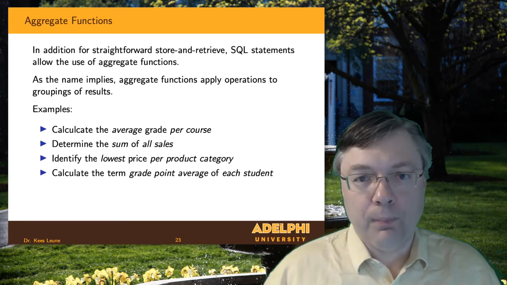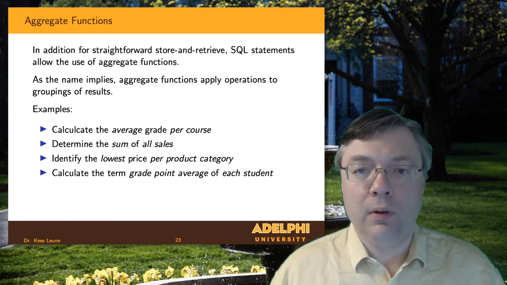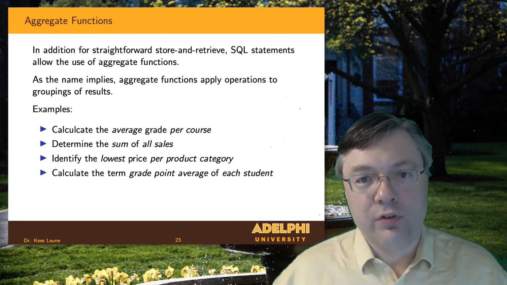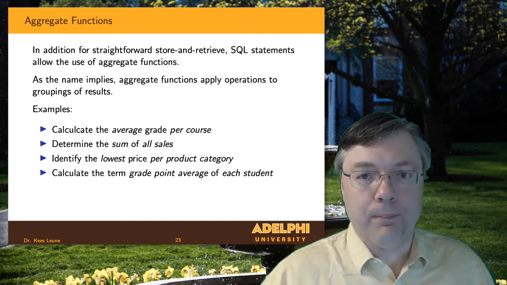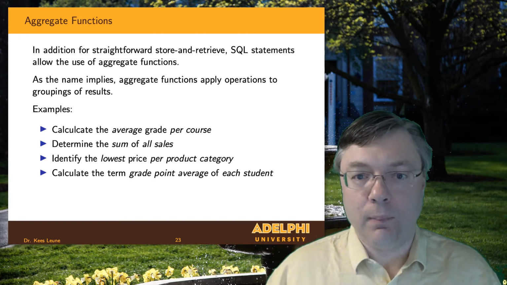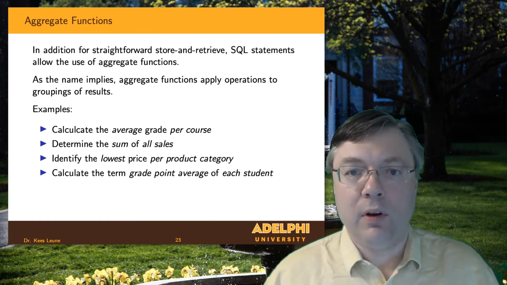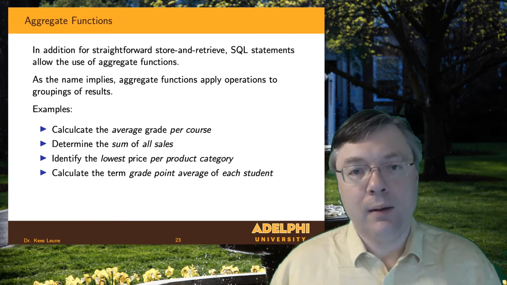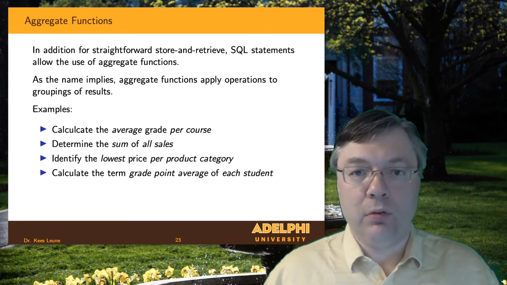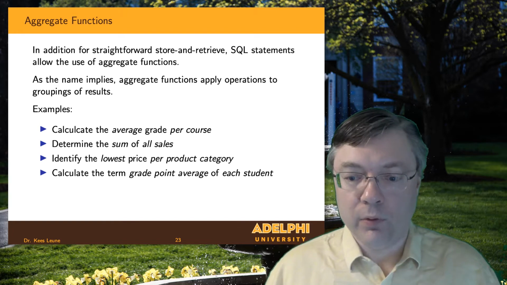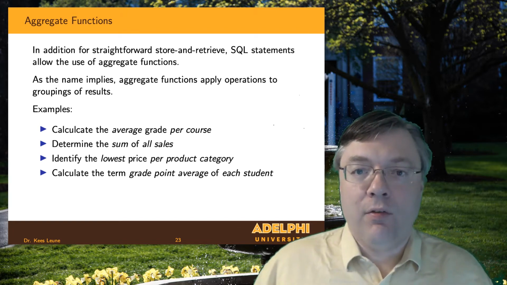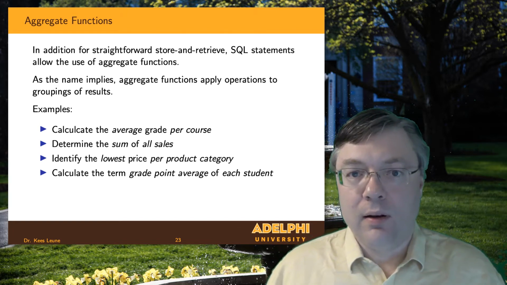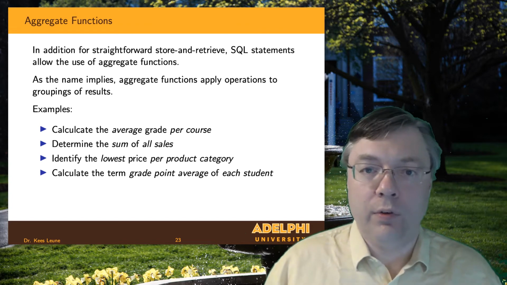That is useful, but what's probably even more useful is having the ability to first carve up the data that we're interested in analyzing into, say, different categories or different buckets or maybe different groupings, and then apply that aggregate operation to each of those groupings. For example, let's say that I have my database with all my grades in there, the same one that we have been looking at so far.